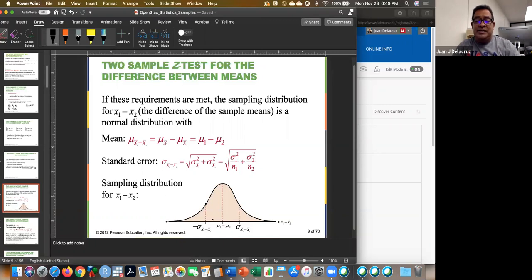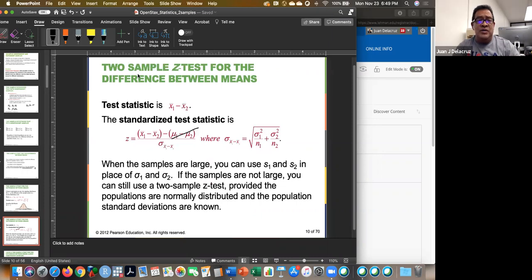In this case, it's basically the same idea. We have a mean, and we are going to find how many standard deviations to the right or to the left. That's the goal of this. I was mentioning this a few minutes ago: the test statistic is not going to be just the sample mean, it is going to be the difference of the sample means.